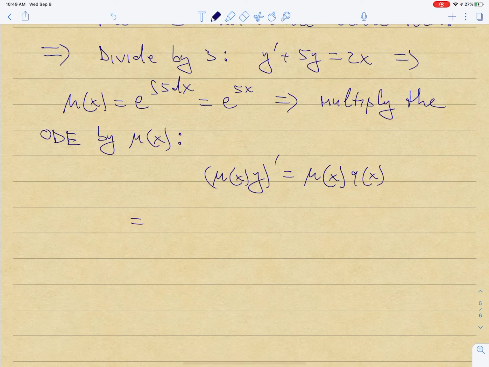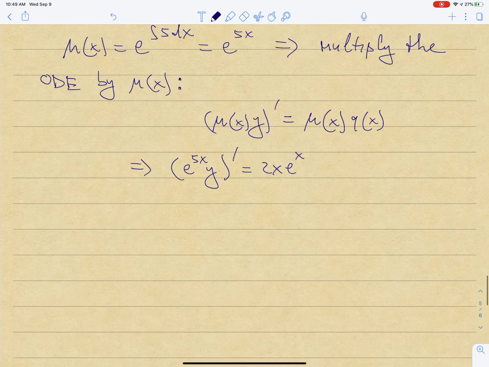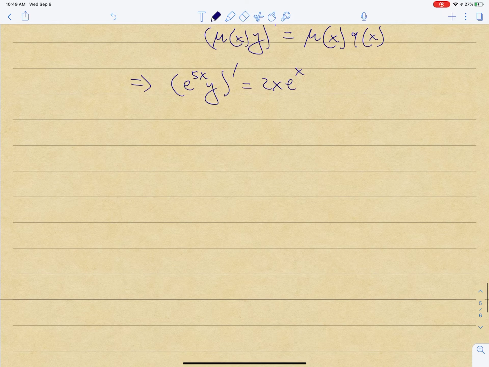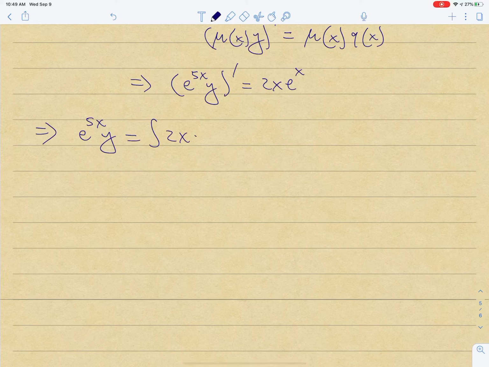So what we get is e to the 5x times y, prime, is equal to 2x times e to the 5x. Now if the derivative of something is 2x e to the 5x, then that something must be an integral of 2x e to the 5x. So integrating, we recover e to the 5x times y, and that should be the integral of 2x e to the 5x dx.